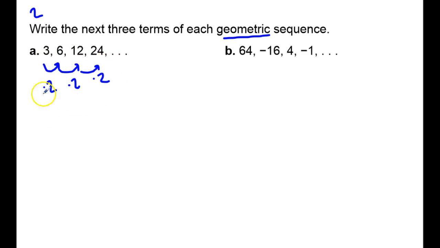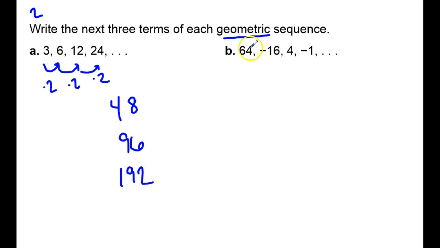I'm just double checking to make sure that I do have my sequence. So to get to my next term, I would multiply by 2, so 24 times 2 is 48. Then to get to the next term, I would multiply by 2, which is 96. And then multiply by 2 to get to 192. If you're following along in your book, these are written out in a table, which is a really easy, simple way to organize your thoughts and your sequences. So these are the next 3 terms in my sequence.